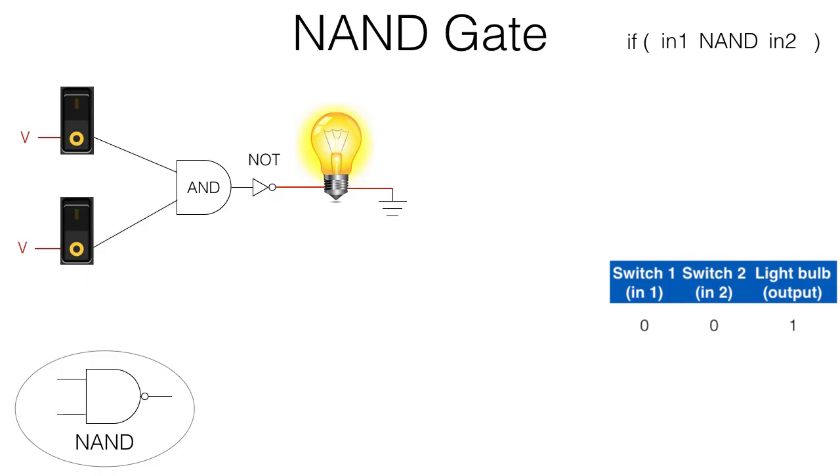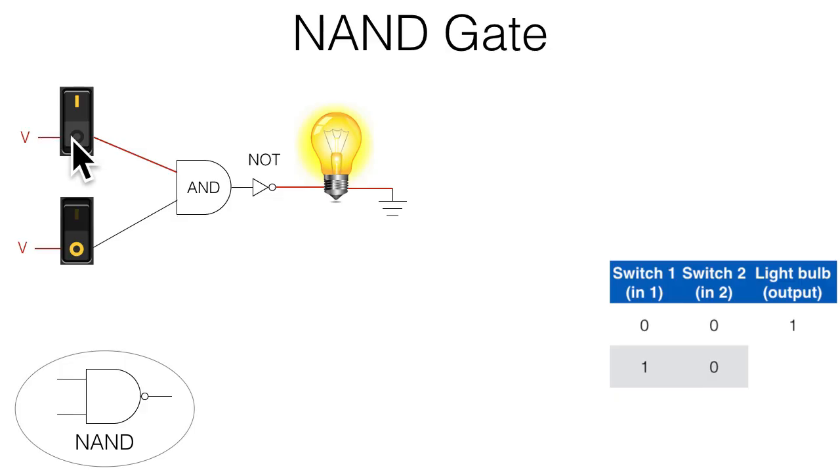So let's look at it in pseudocode. Ready? What's the state of the first switch? False. What's the state of the second one? False. What's this going to evaluate to? True. So if true, then we're going to turn on the light. Let's look at the next one. So now I'm going to turn on the first switch and the second one is off.